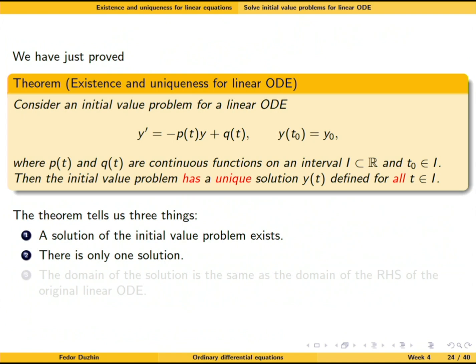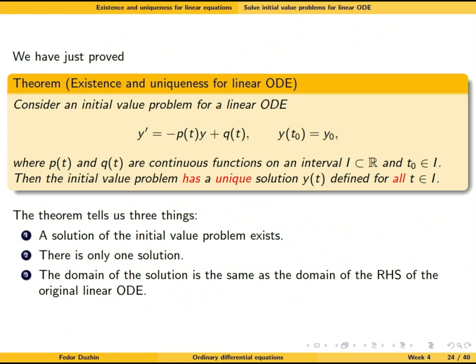This is because whenever we did all those transformations, we always got equivalent equations, and this is due to the fact that the integrating factor is positive. So we couldn't have lost any solution. In the end, there is exactly one solution.